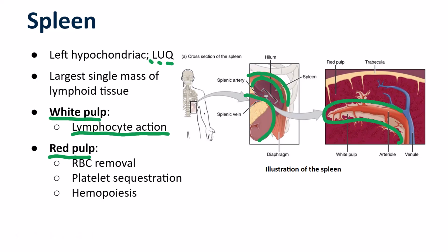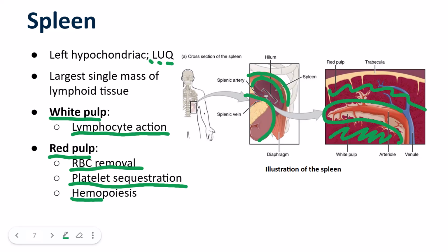The red pulp is everything that surrounds the white pulp, and the red pulp is more involved with the filtering of red blood cells, the sequestration of platelets, as well as, partially, hemopoiesis, or usually the expansion of lymphocytes through mitosis, not as original stem cells.